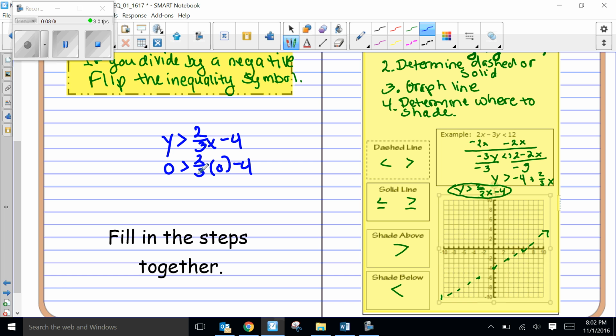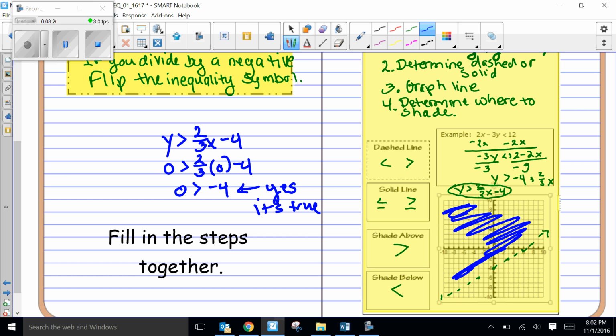And when I do this, 2/3 times 0 becomes 0, and I have 0 is greater than -4. Is this statement true? Yes, it's true. If it's true, that's the direction where I want to shade. If it was false, I would want to shade in the other direction.